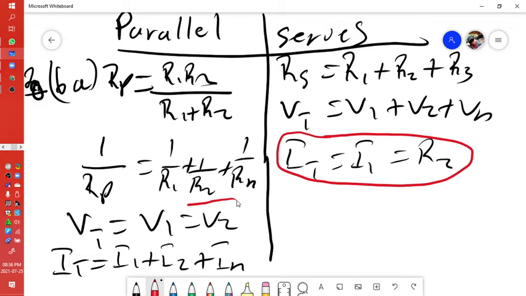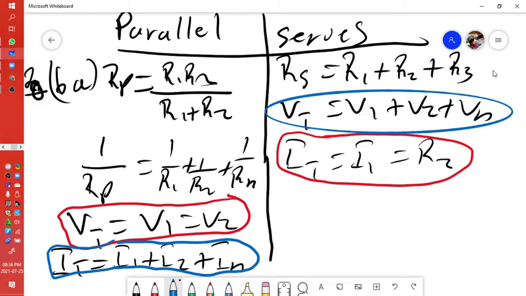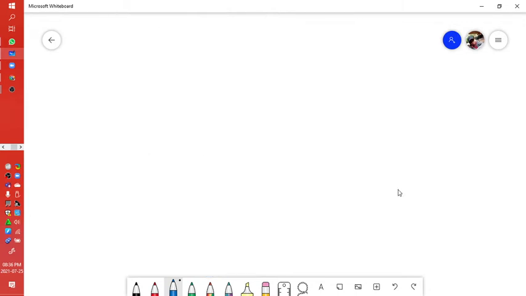When you come to series, you add your voltages, and when you come to parallel, you add your currents. So it is vice versa. Let us answer that question. I just wanted to make a summary for you. Clear?